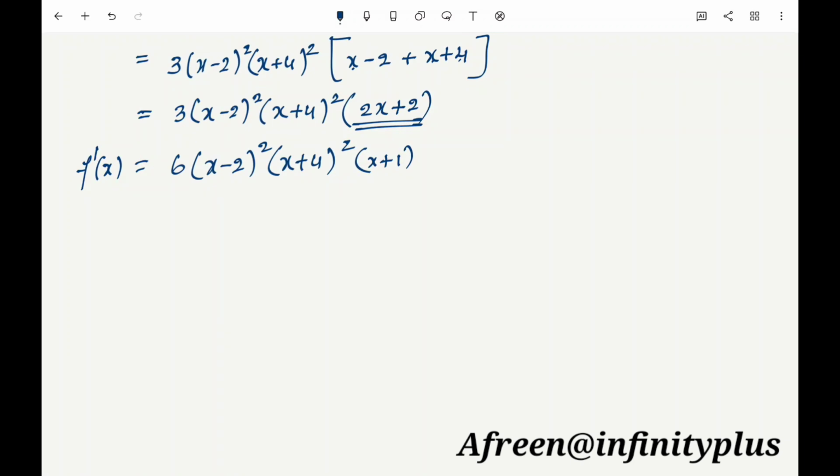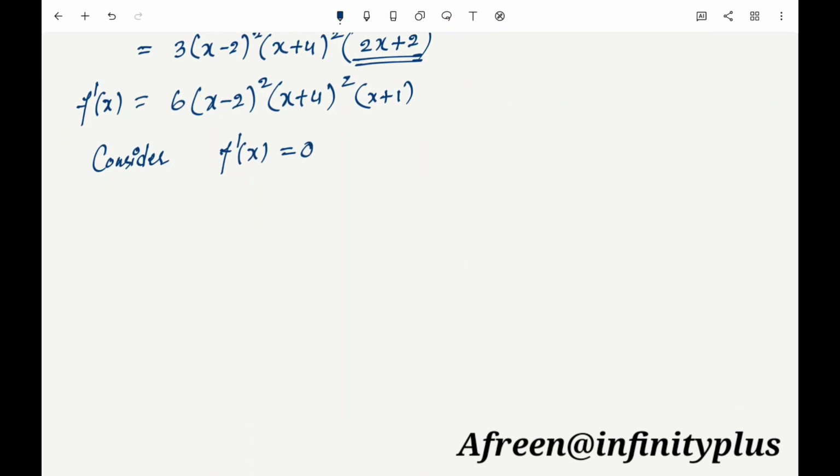Now what you have to do? You have to consider f dash of x is equal to 0. If f dash of x is equal to 0, substitute it here. What you will get? 6 into (x minus 2) whole square, (x plus 4) whole square into (x plus 1), which is equal to 0.